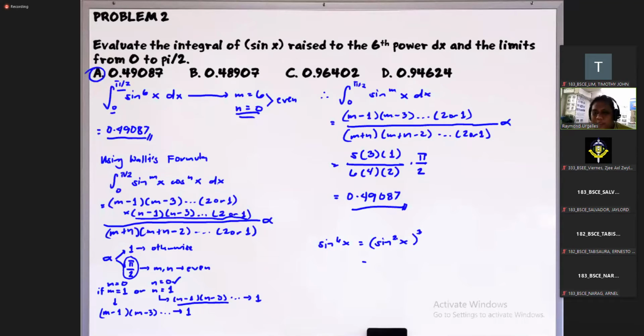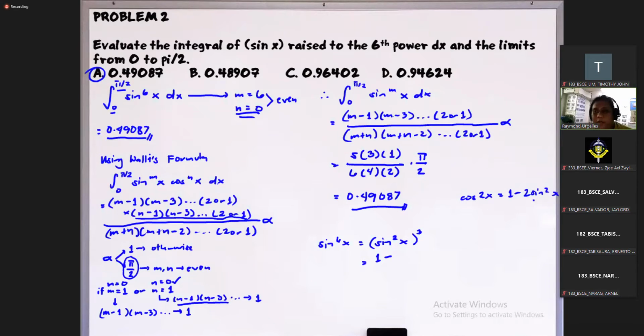Then sine squared x, you can think of it by using the half angle identity. Sine squared x is simply 1 minus cosine 2x, the double angle identity, I mean, which is 1 minus 2 sine squared x.